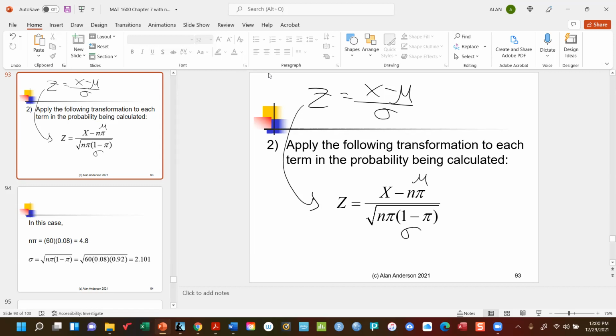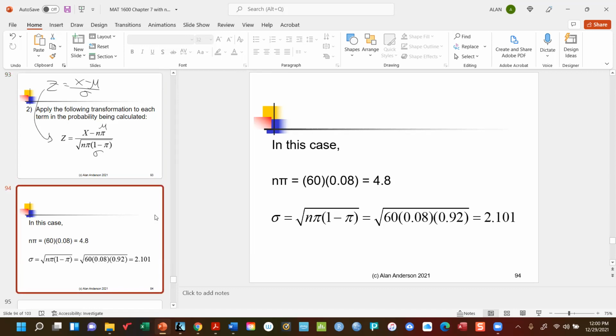Well, for our specific example, what that means then is that if you recall, we had n equals 60 students, and the probability of having that blood type was 0.08.